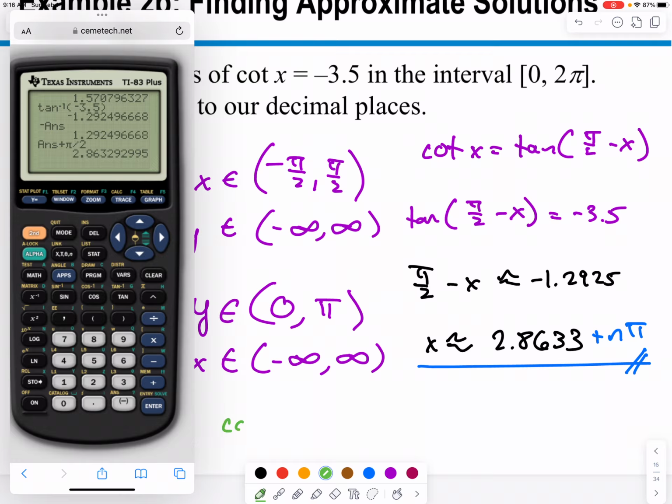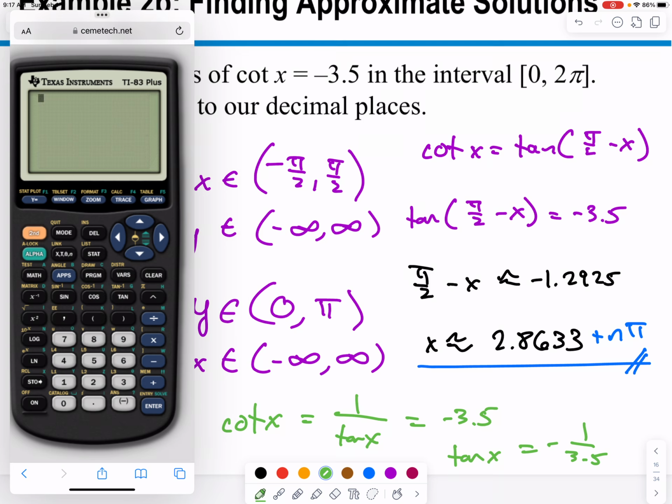So right here, cotan of x, but that's going to be the same as 1 over the tan of x. And that should equal a negative 3.5. So then when we do our calculation, tan of x should equal a negative 1 over 3.5. Okay, so let's just work with that. Now we're working with tan of our result should give us a negative 1 over 3.5. Okay. So let's see if that works.